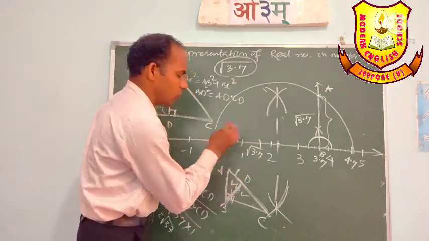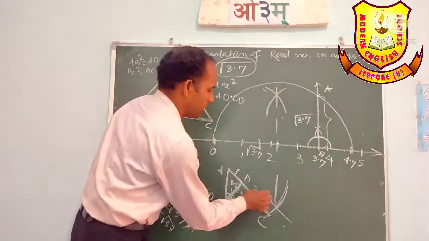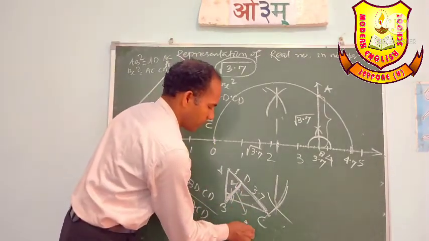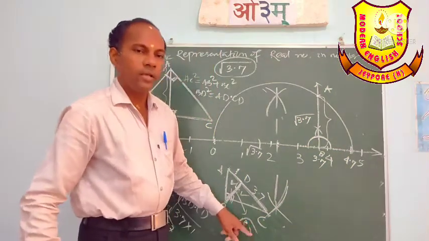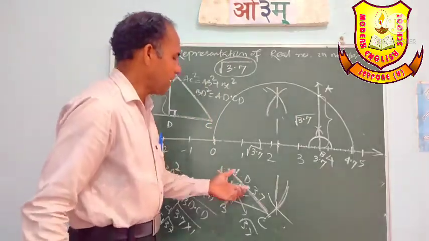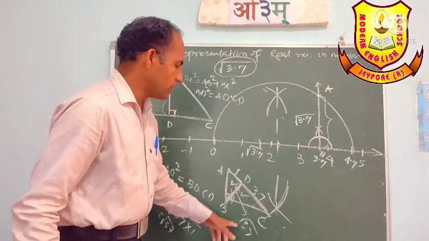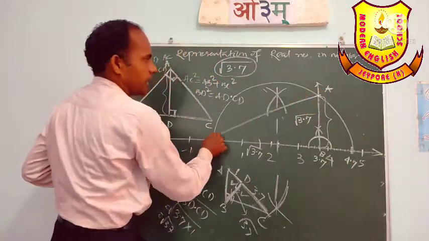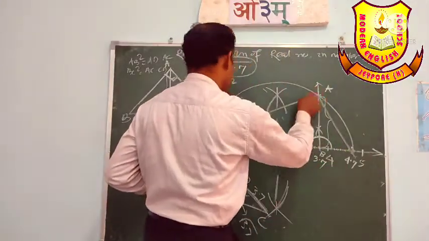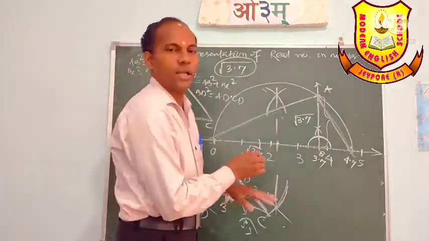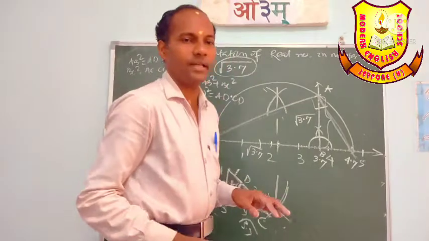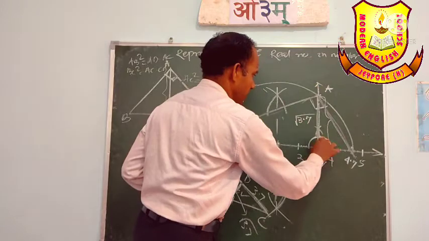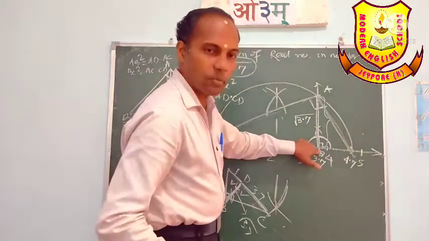If AD equals 1 and CD equals 3.7, then BD will be equal to root over 3.7, because BD square equals 1 into 3.7. The same thing is applied here. This is a right angle triangle, because the angle in a semicircle is 90 degree, and this one is perpendicular, which we have drawn at this point as 90 degree.